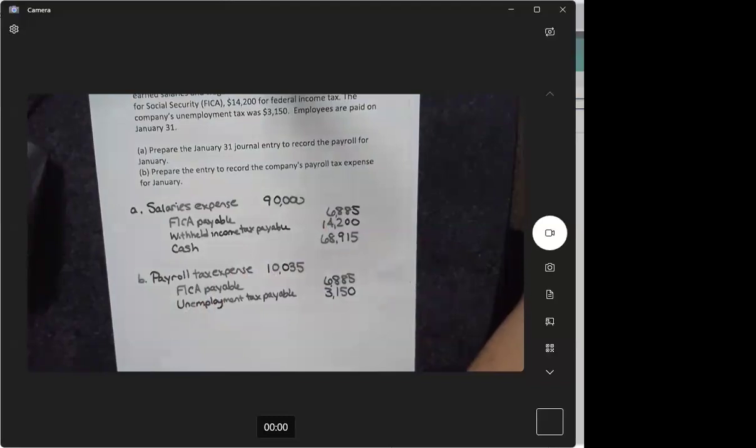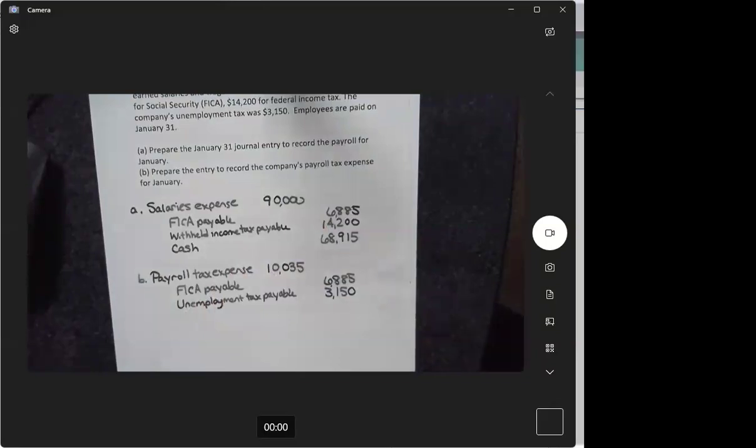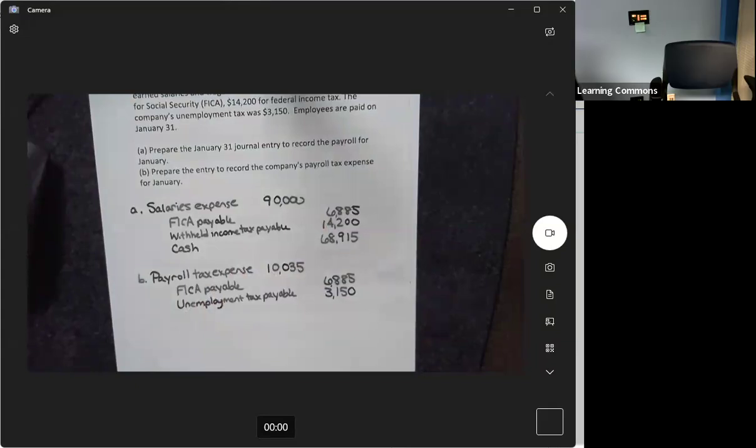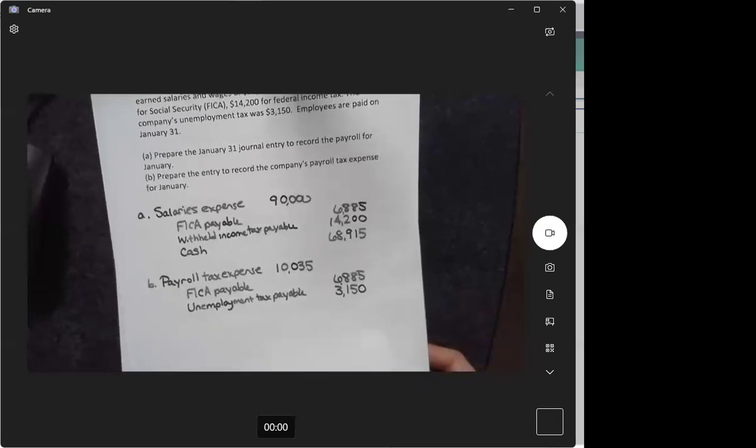When you collect sales tax, that's not your money either. Sales tax also creates a current liability. So make sure that when you collect sales tax, you record that as a liability, not as part of your revenue. It's not your money to keep. At the end of every month, you have to pay that back.